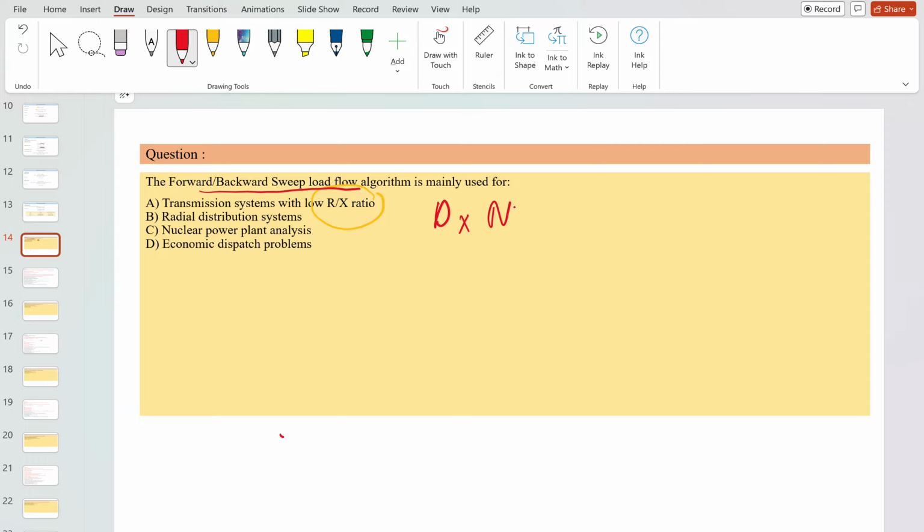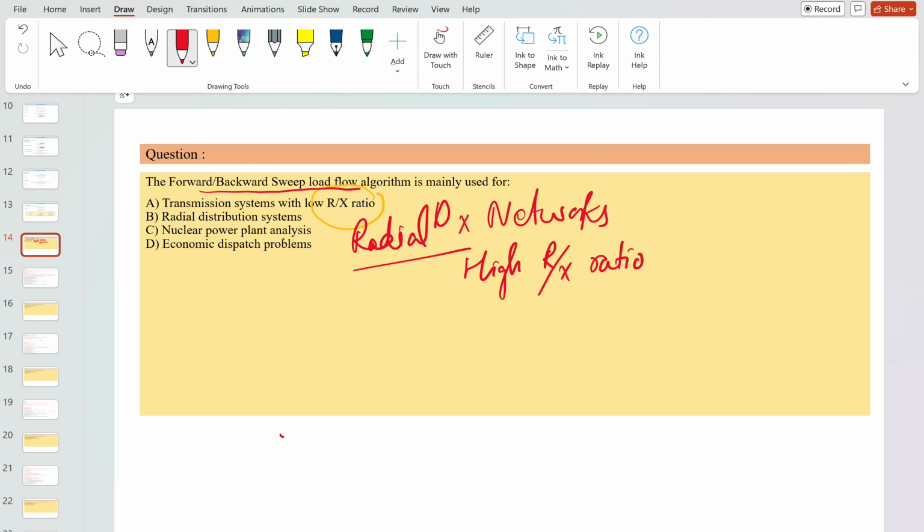The distribution network has a high R by X ratio, and it is also important for radial distribution networks. No, this one is not correct, option B is correct.